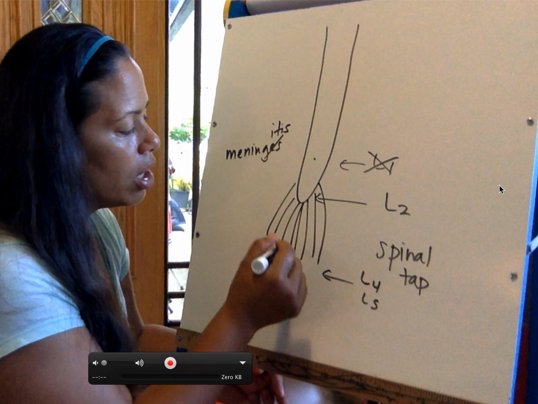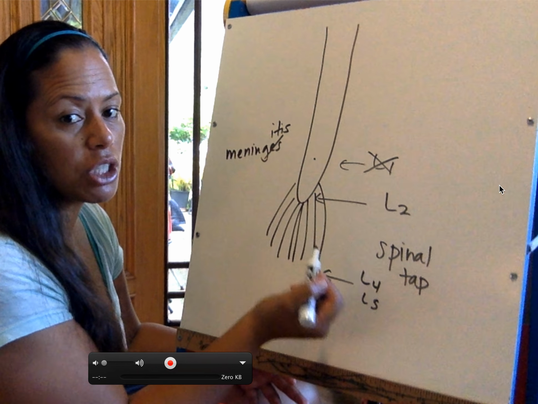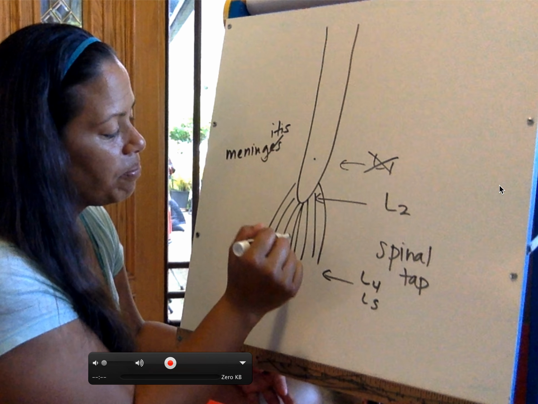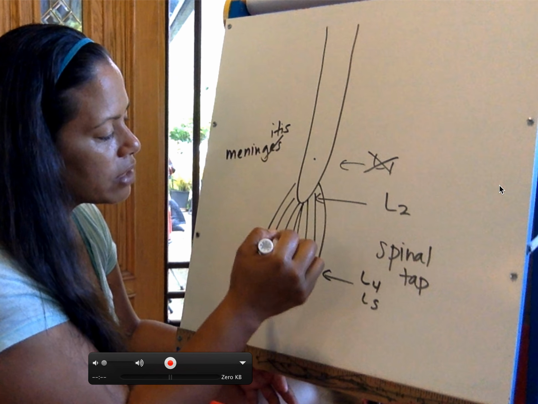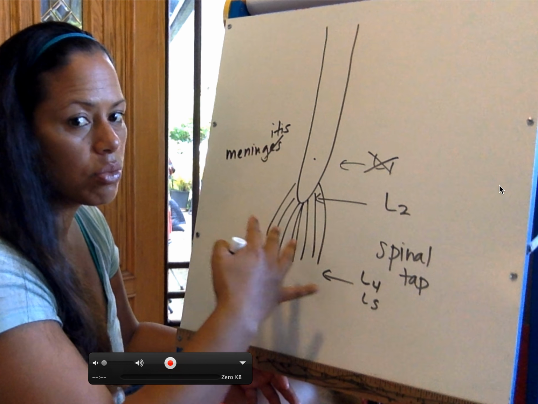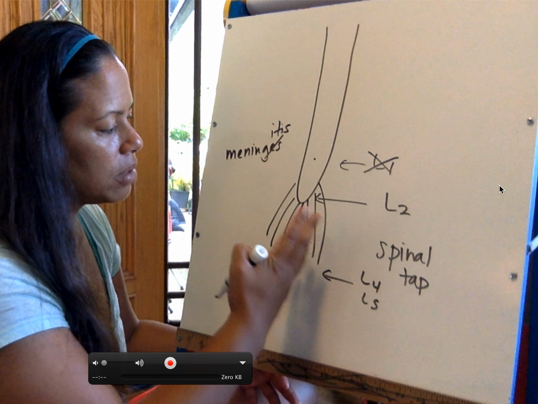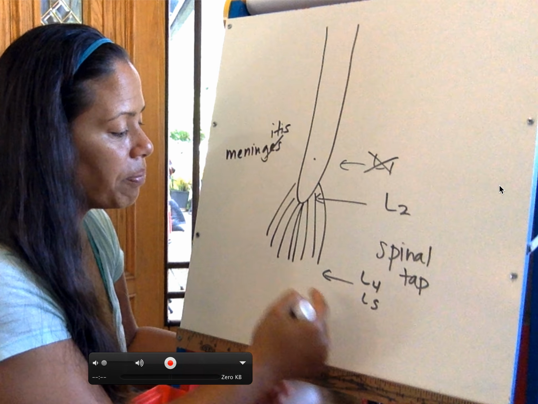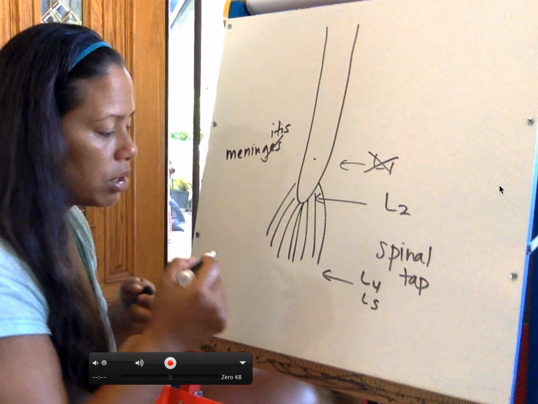And why is that so? It's far enough away from the conus medullaris and the end of the spinal cord so you reduce the risk of injury. And because you have these spinal nerves inside of a fluid, as you puncture, hopefully the nerves will kind of be pushed to the side. So you'll have less likelihood of damaging. So that's where we would do a spinal tap.